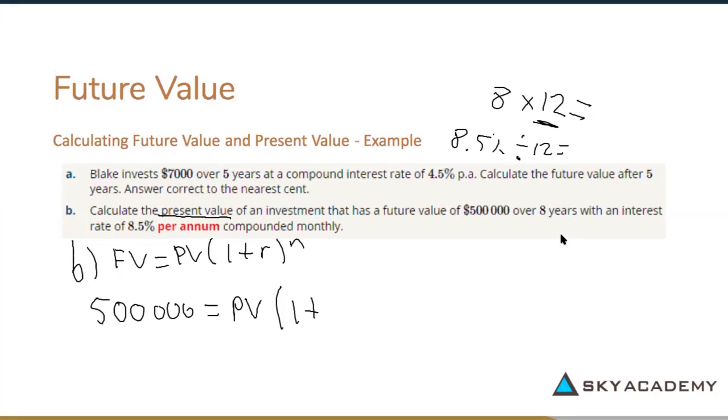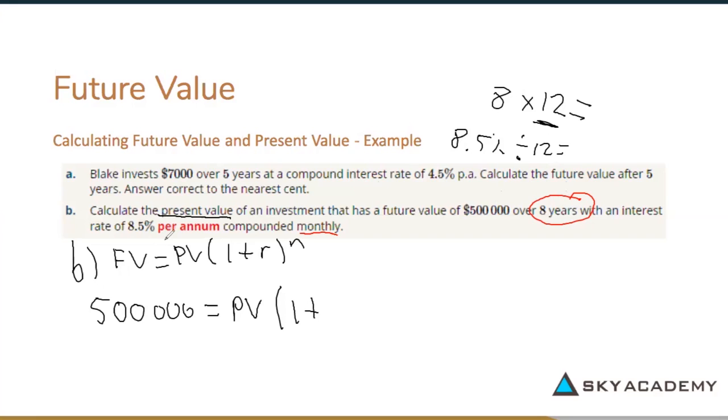If something is invested over 8 years, but it's compounded monthly, that means each month for 8 years it will be compounded. So it won't be compounded 8 times. It will be compounded 8 times 12. So that's how we get the 8 times 12.